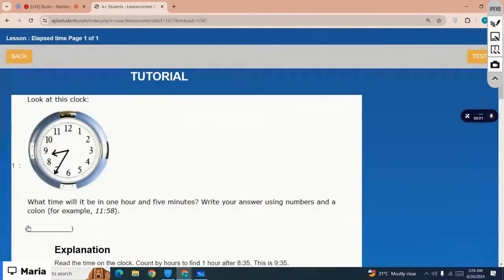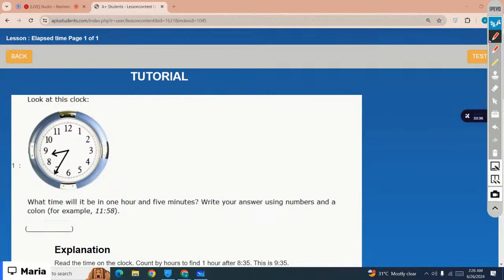Look at this clock. What time will it be in 1 hour and 5 minutes? Write your answer using numbers and a colon, right? After 1 hour and 5 minutes. So right now the clock is showing 8:35, right?